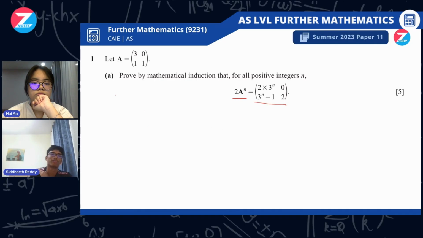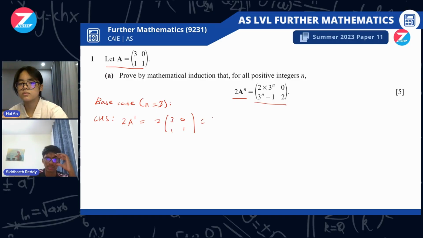The format for proof by mathematical induction is always the same. So we start with the base case. We check for n equal to 1. If we put n equal to 1 directly on the left hand side, without the formula, we have 2A to the power 1, which is just 2 times A, which is 2 times (3, 0; 1, 1). So what we get here is (6, 0; 2, 2).